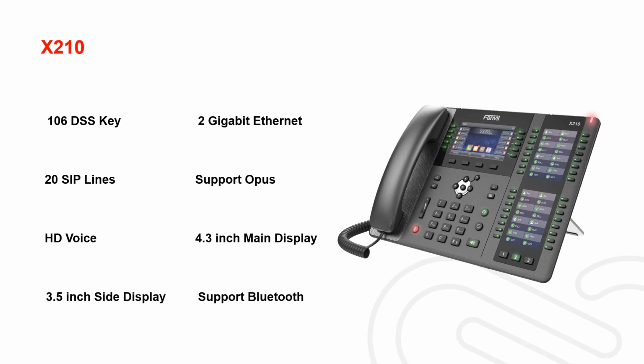If you have some contacts and want to make speed dial calls, you can press them and call. And we also support 3 pages for the DSS keys. So plus the 3 pages, you can get up to 106 programmable DSS keys.